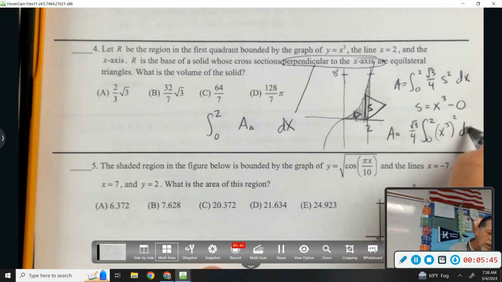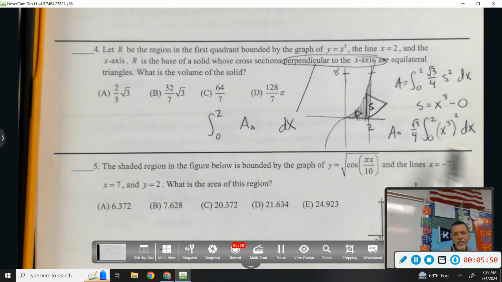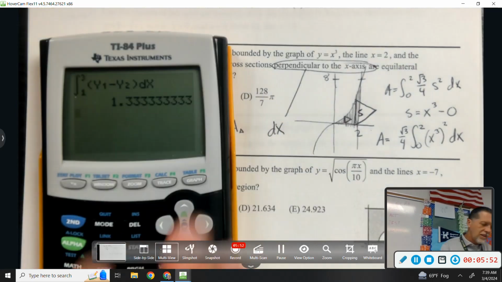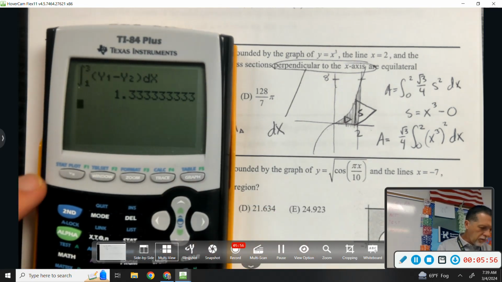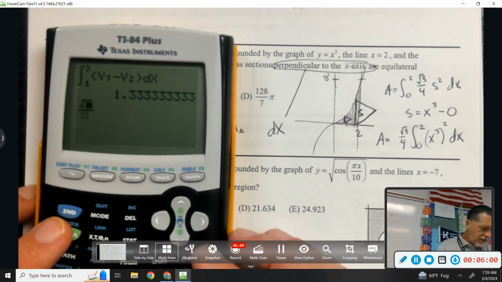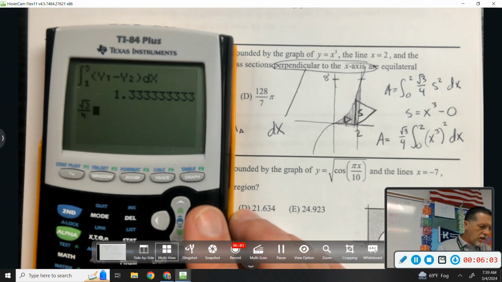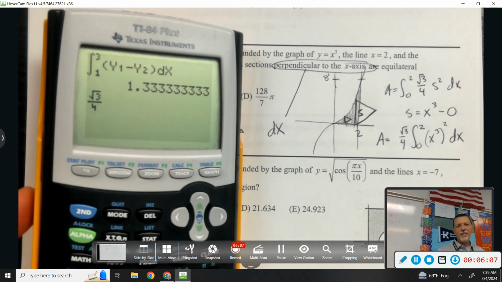squared. Again, be careful. That's another one where you can let your calculator do that, or you could just type in x to the 6th. Math 9. Oops, I was going to put the root 3 over 4 out front. And fancy with the fraction bar. The fraction bar helps me make sure that I'm square rooting the right thing, not square rooting the 4.